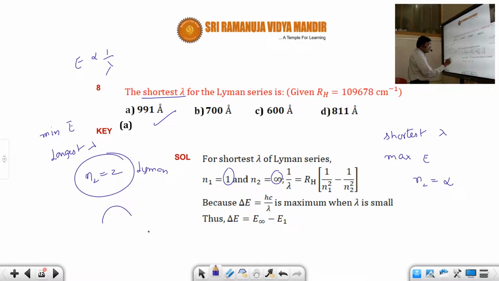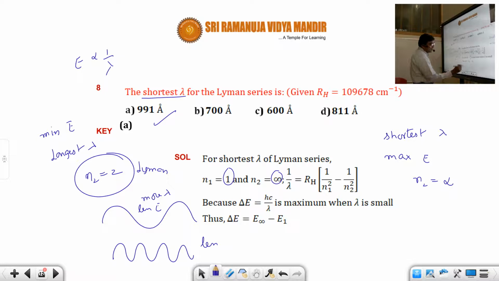Why? Because for example this wave you see, it is having more energy, wavelength will be less. This one is having less energy, so wavelength will be more. So more wavelength, less energy. In this case less wavelength and more energy and more frequency also.